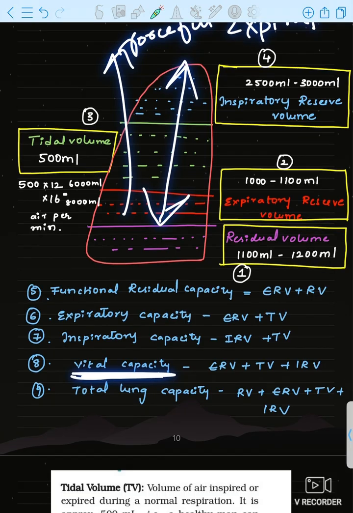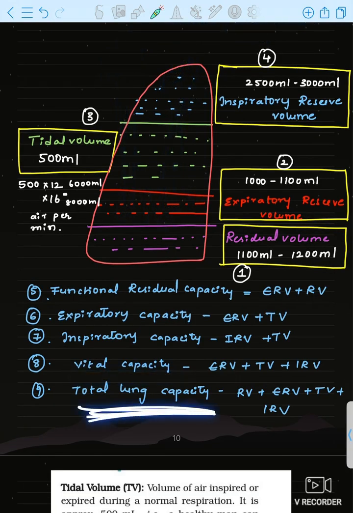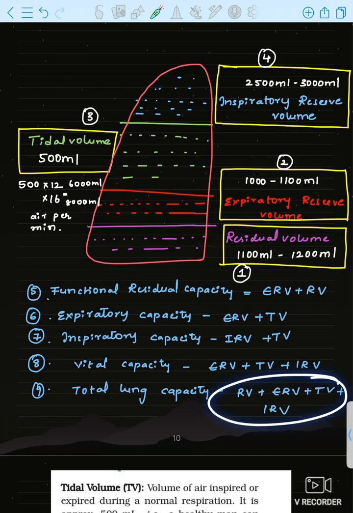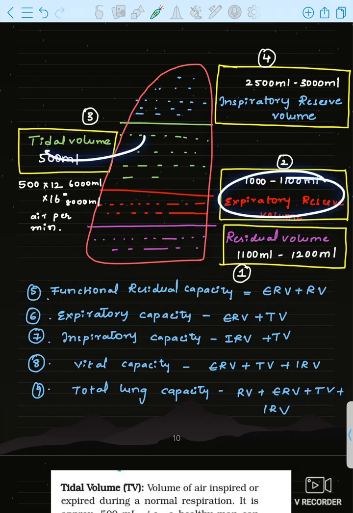So what is total lung capacity? Total lung capacity means total volume of air a lung can accommodate. That is residual volume, ERV, TV, IRV. They can ask in other formats also. Normally this is the thing you know, but they can mix. ERV plus TV means what?